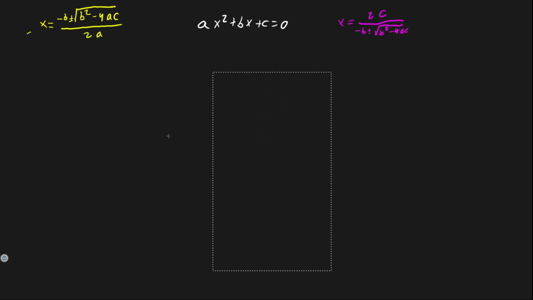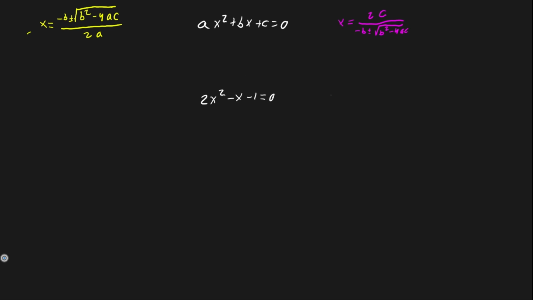And what happens if we have a quadratic with a number in the front? So we're going to look at 2x squared minus x minus 1 is equal to 0. We want to factor this expression so that we can get the solutions. But here a is greater than 1.